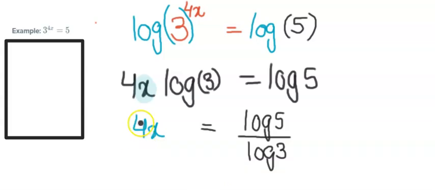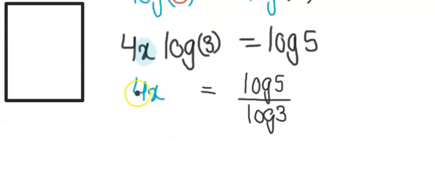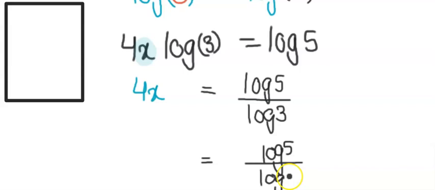What is this 4 doing with an x? I don't want 4x, I want an x. This 4 is being multiplied, so I need to take this 4 to the other side and divide.